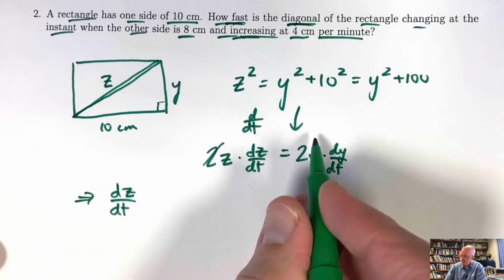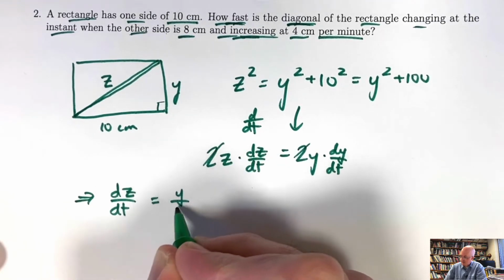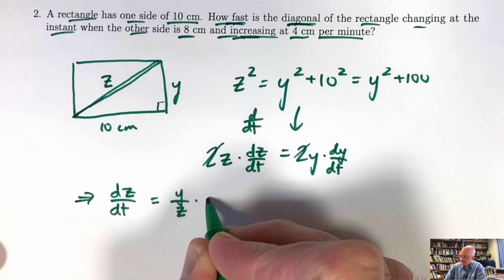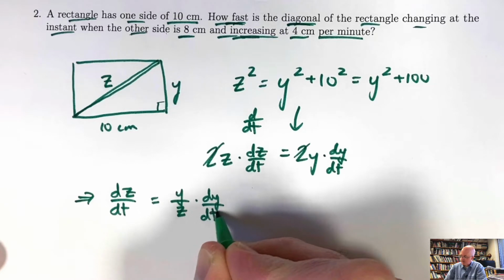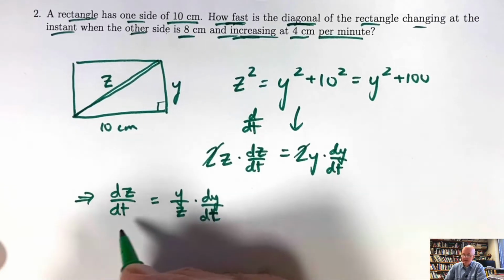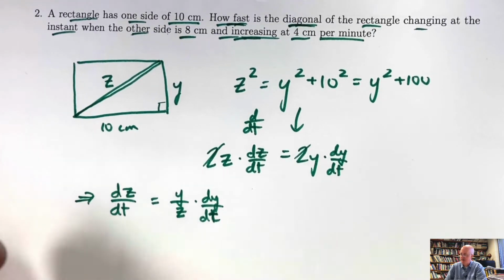The 2's divide out. Y divided by z is the fraction y over z, and the dy dt stays as is. This is an equation relating the rates of change dz dt and dy dt. It doesn't matter that we don't know explicit formulas for y and z as functions of t. It just doesn't matter in the way these problems are phrased.